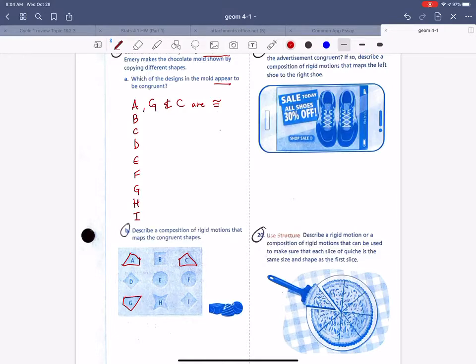All right, and then let's see, who's congruent with B? It looks like B is just a 45 rotation of D, so B and D. C, we already covered. E, okay, so who's congruent with E? It looks like E and F are congruent.